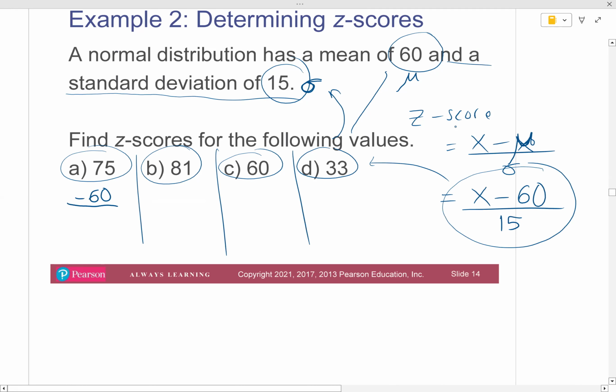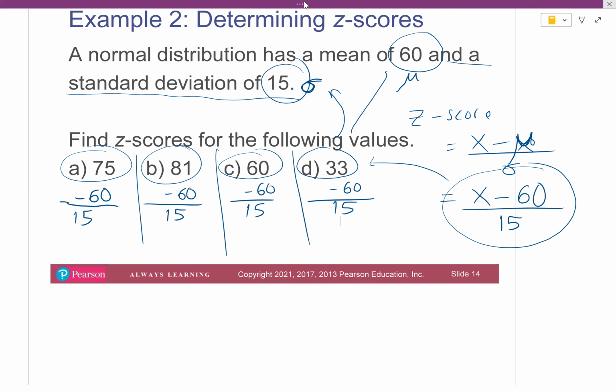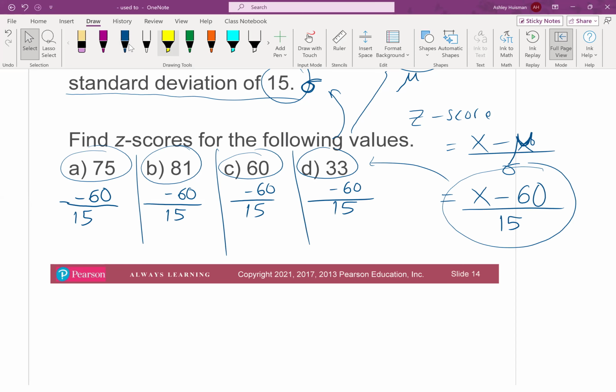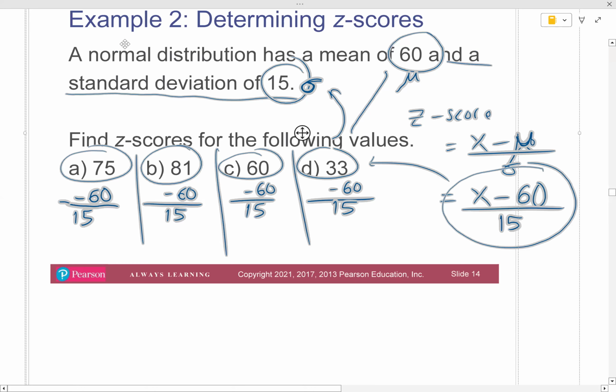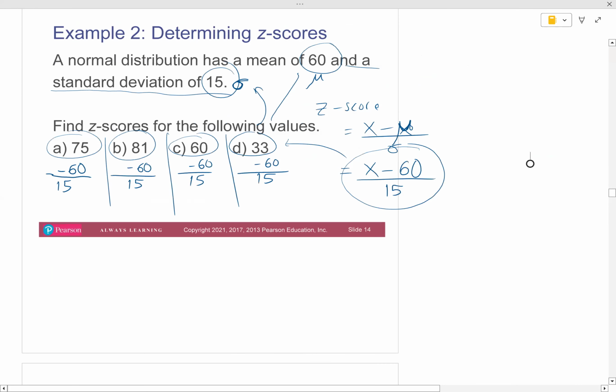It's something minus 60 over 15 for you. We'll see what that is for this guy. Something minus 60 over 15 for this guy. Something minus 60 over 15. Okay. And then, as we go, just to get a feel for this, I'm going to draw a very rough sketch of the normal distribution for this set of data values that we don't really know about, but we do know the mean is 60.